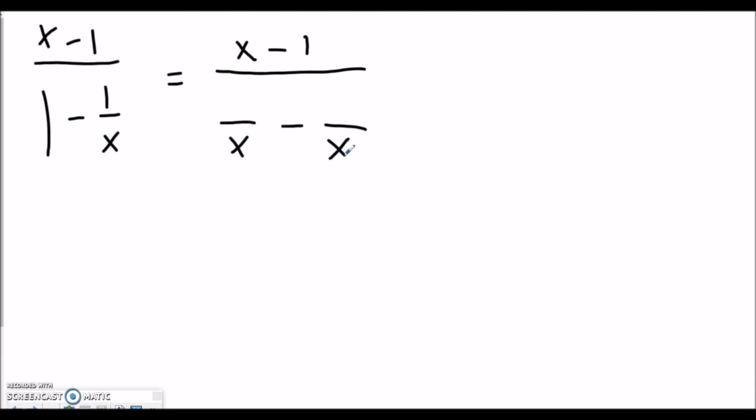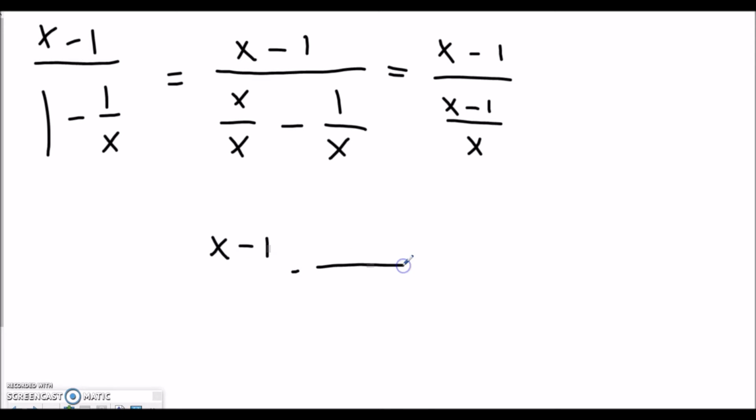Adjust my numerators. The number 1 becomes just x over x. My second fraction doesn't need to change. Simplify the bottom, and that gives me x minus 1 all over x. And again, we change this to a multiply problem with a reciprocal.